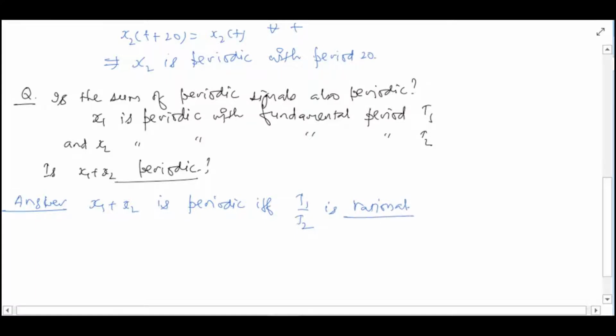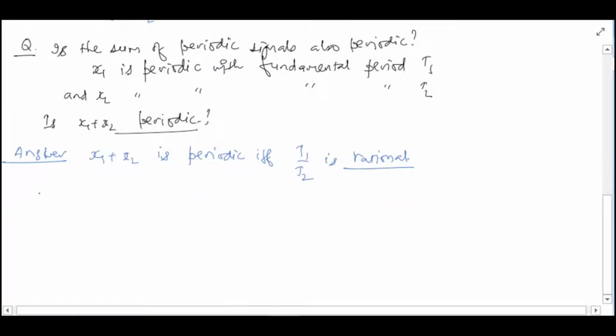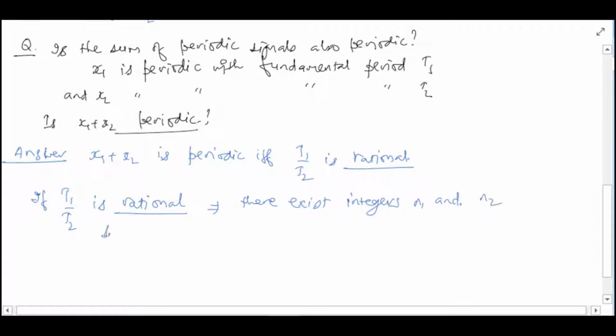Notice that if T1/T2 is rational, then there exist integers n1 and n2 such that n1 T1 is equal to n2 T2.